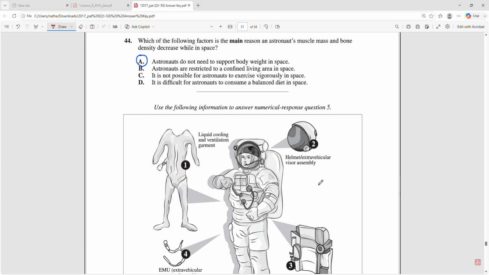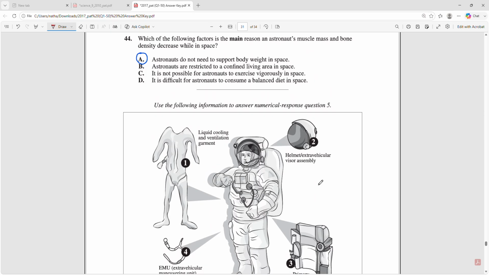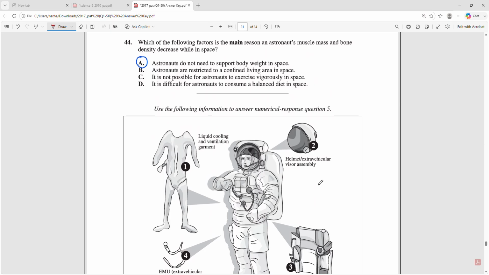All right, which of the following factors is the main reason an astronaut's muscle mass and bone density decrease while in space? We did talk about this, I recall. When we're standing on the Earth, we have gravity pushing down on us. So just the simple fact of standing and moving around, our body has to resist the force of gravity.